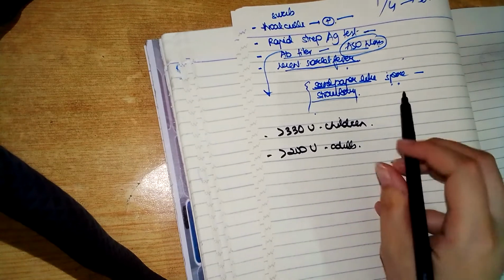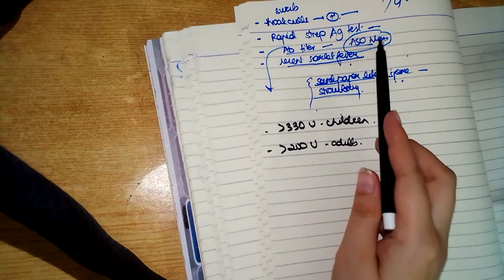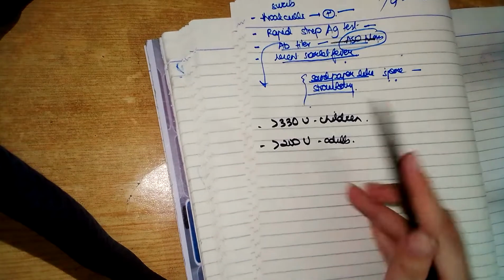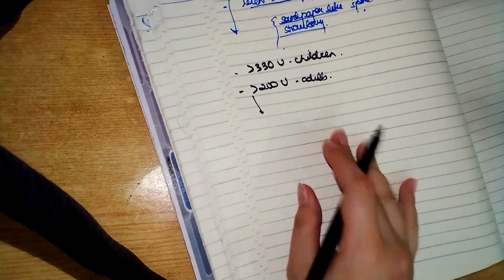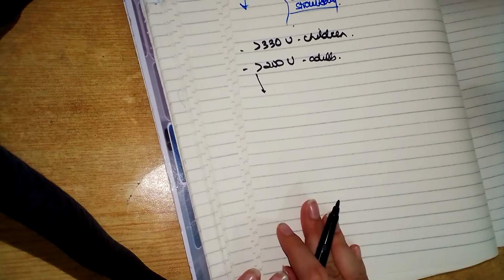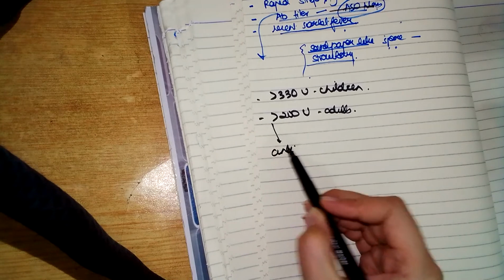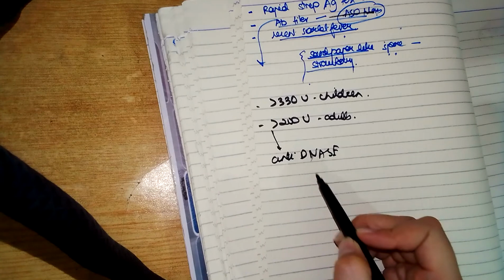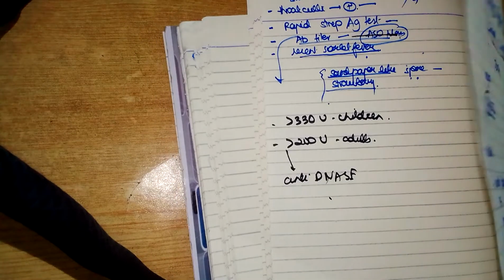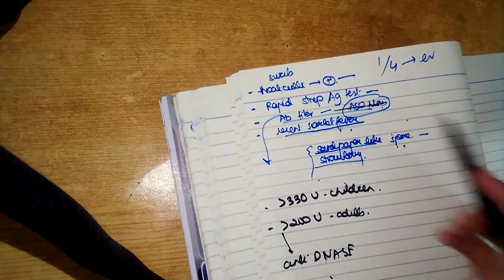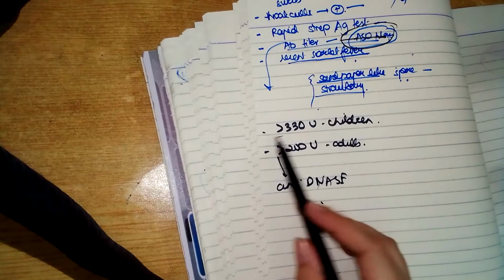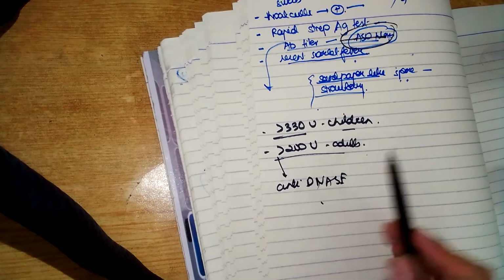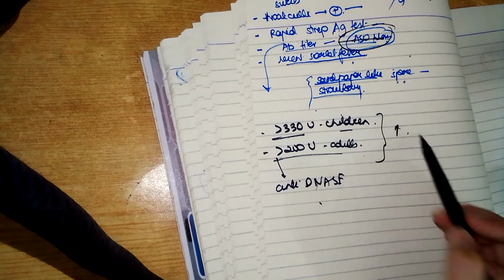And let's say that you cannot find any ASO titer, then which antibody are you going to look for? In that case the antibody you are going to choose is anti-DNase, the anti-DNase antibody titer. But the first choice is anti-streptolysin, the ASO titer, and these are the values. More than 330 in children and more than 200 in adults is considered to be rising or positive.